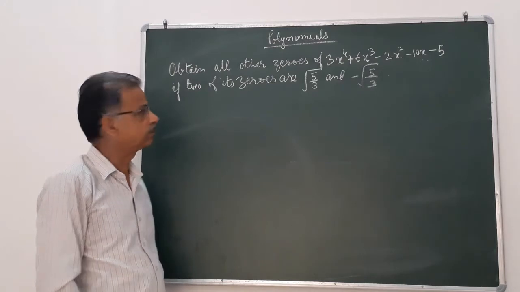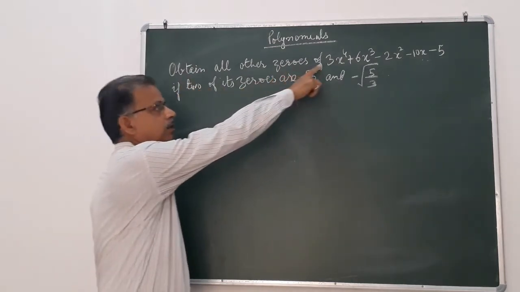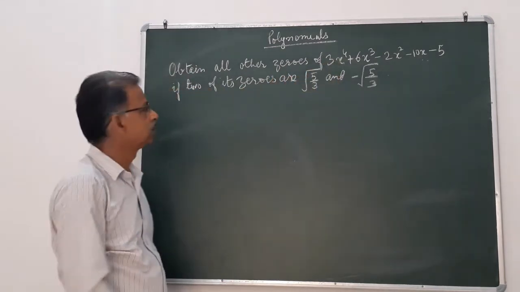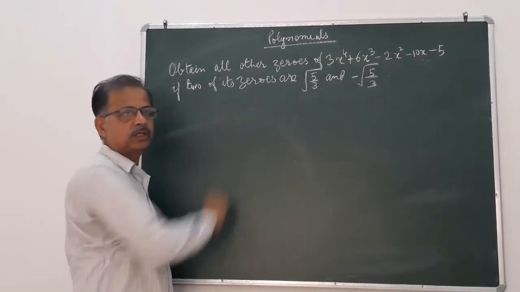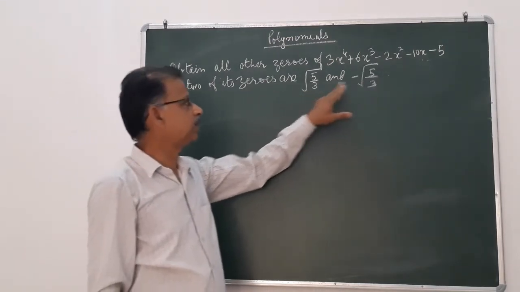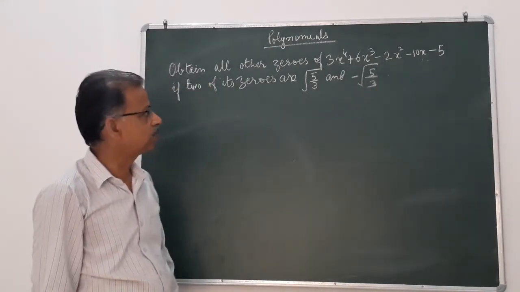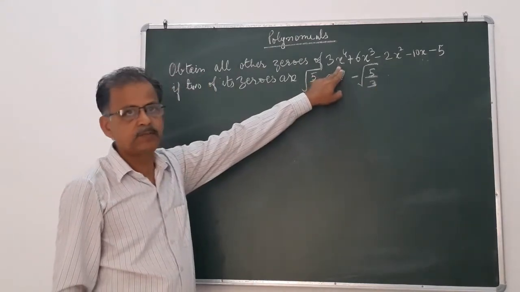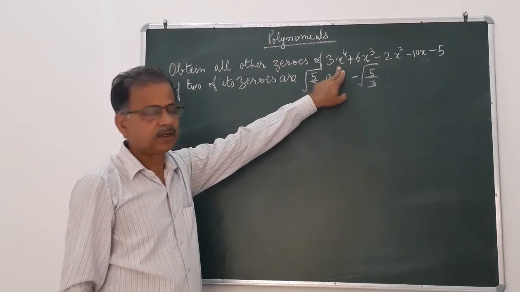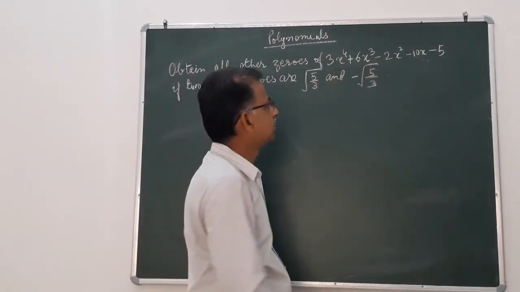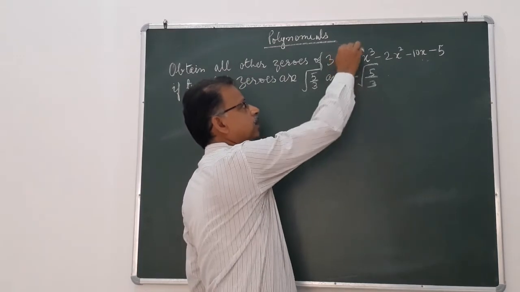Now next question. Obtain all other zeros of the polynomial if two of its zeros are root 5 by 3 and minus root 5 by 3. Observe, maximum power of the variable in this polynomial, which is 4.